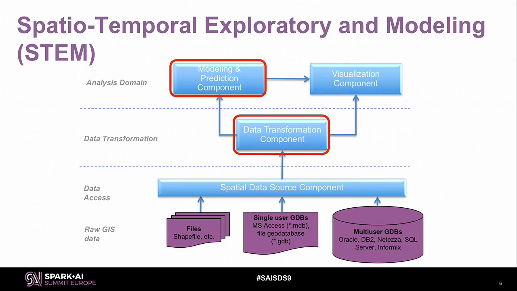Some data transformation work needs to be done before the analysis and display, here in the middle. And in the analysis domain, modeling, prediction, and visualization will generate the statistics information for different analytic requirements.